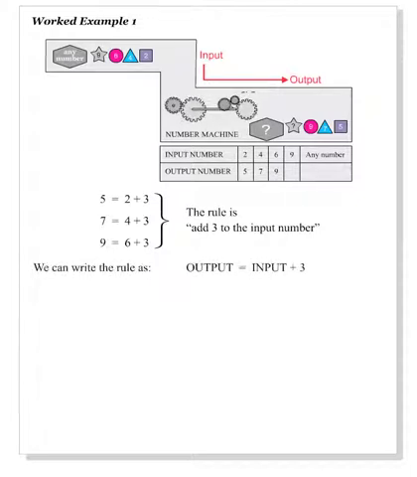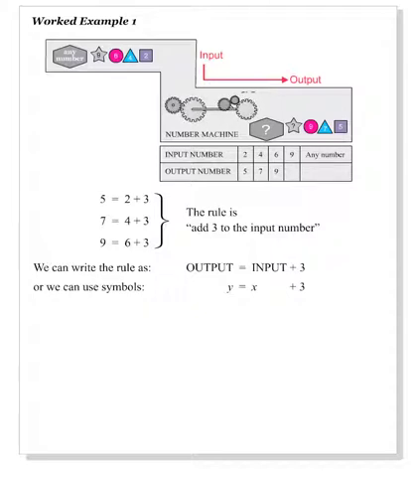We can write the rule as output is equal to input plus 3. Or we can use symbols. Y is equal to x plus 3. Why do mathematicians use symbols? I think the reason is that mathematicians and scientists like to save time and be efficient.